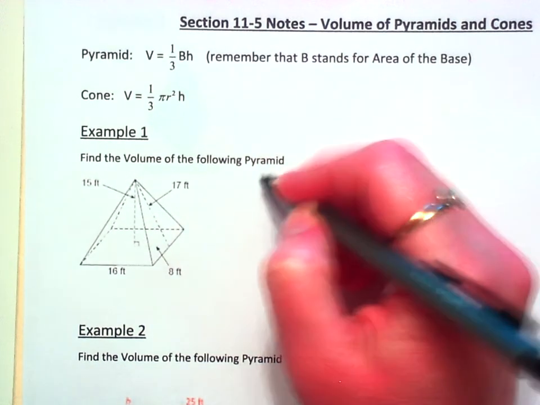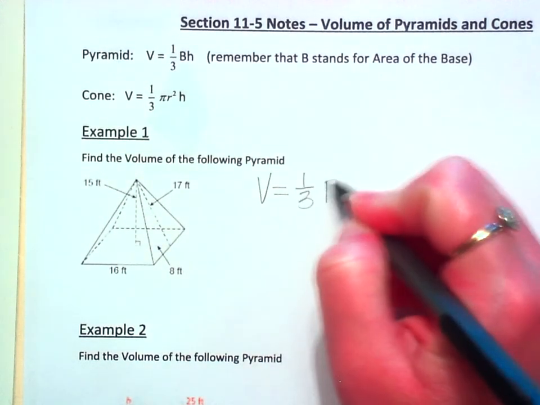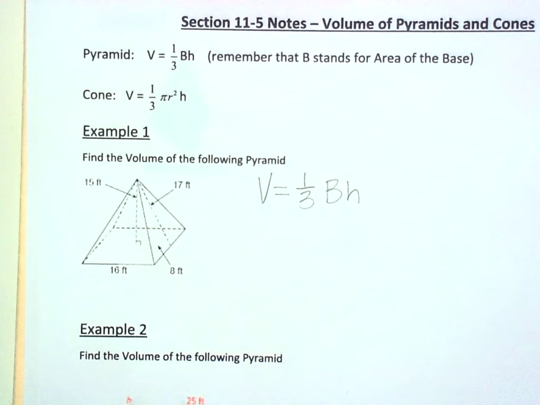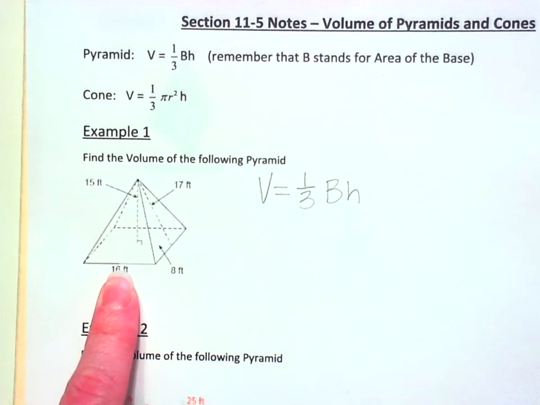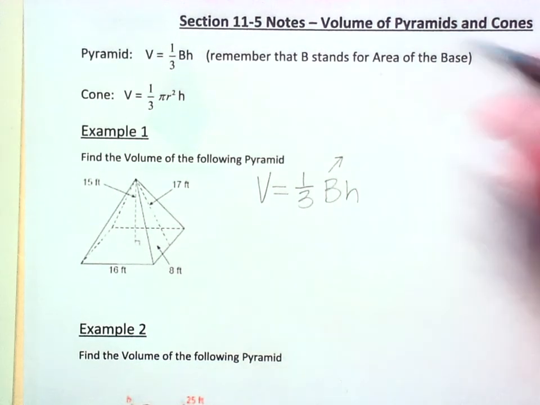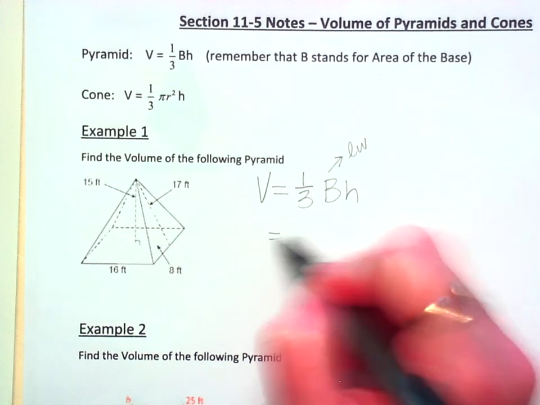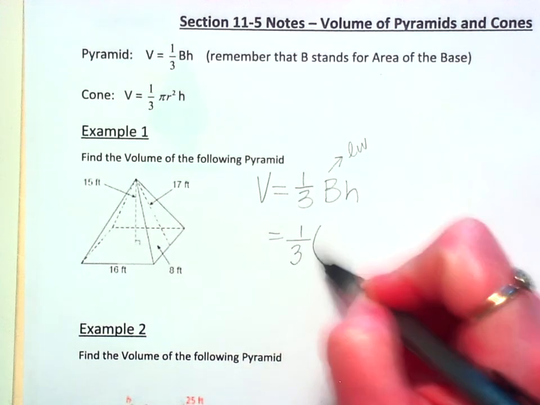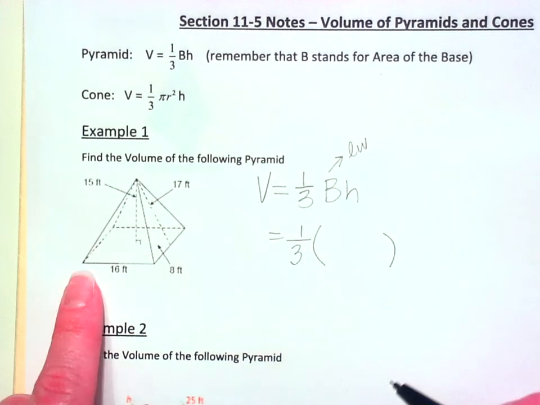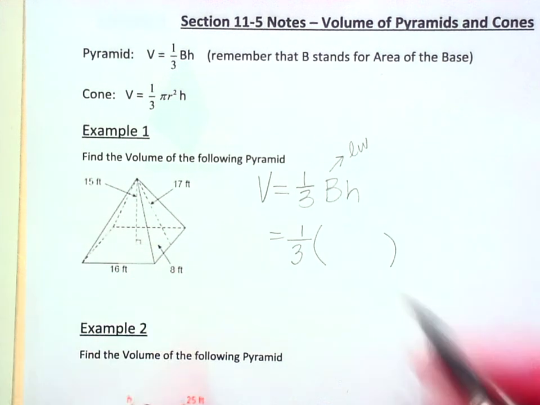Okay, let's try our first one. The volume of this pyramid is going to be 1/3 BH. Since my base is a square, I'm going to calculate the area of that square by doing length times width. So let's copy down the 1/3, and for capital B, length times width, 16 times 16.